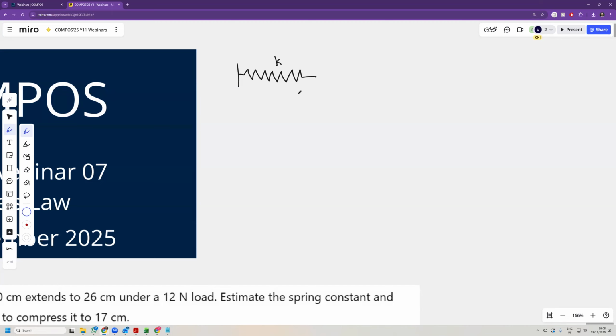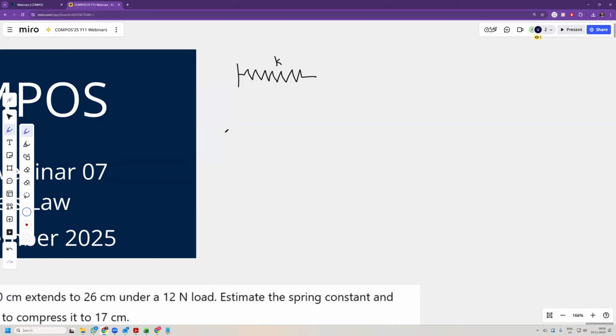Most springs don't extend by 1 meter, so it's not a very reasonable thing to say. But imagine the spring could stretch by 1 meter, and the force you need is the spring constant. So you can imagine the spring constant for a typical spring is going to be quite large. The springs that you use in the lab in your school are typically 25 newtons per meter.